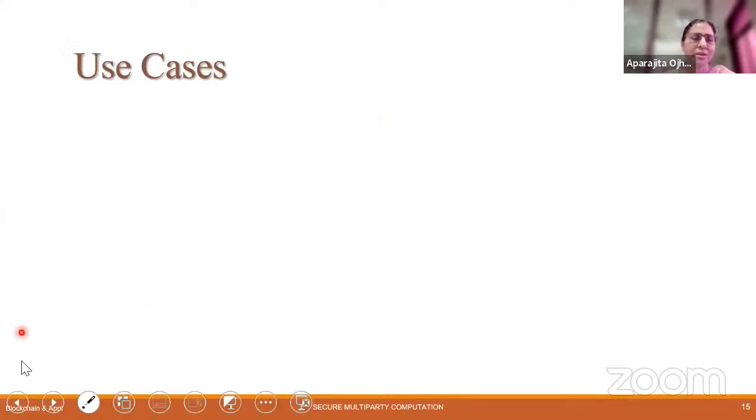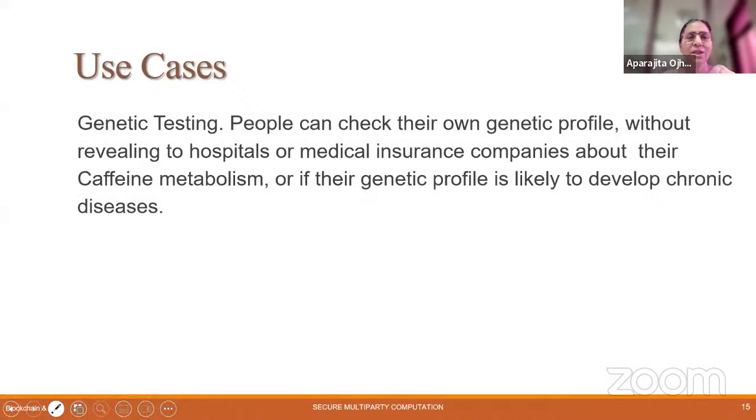There are certain use cases like genetic testing. Let's see. I would like to use my gene sequence to find out my risk of any disease. So people can check their own genetic profile without revealing to hospitals or medical insurance companies their caffeine metabolism, or if their genetic profile is likely to develop any chronic disease like diabetes or hypertension.